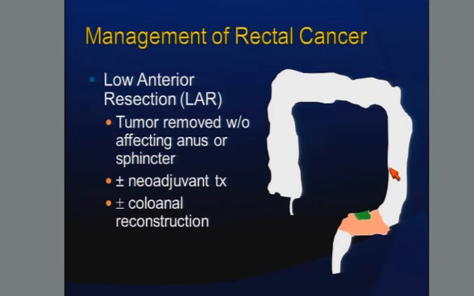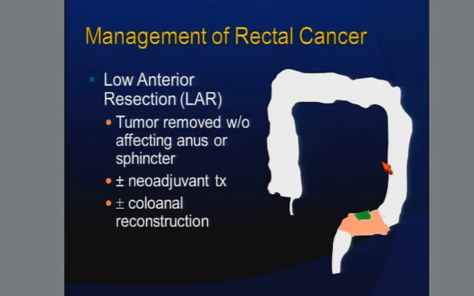A low anterior resection is going to be when the tumor is above the sphincter complex. The surgeons will remove the tumor and the perirectal soft tissues above the sphincter complex with the tumor in place. These patients, if advanced in disease prior to resection, will get neoadjuvant chemotherapy prior to surgery to shrink the tumor.